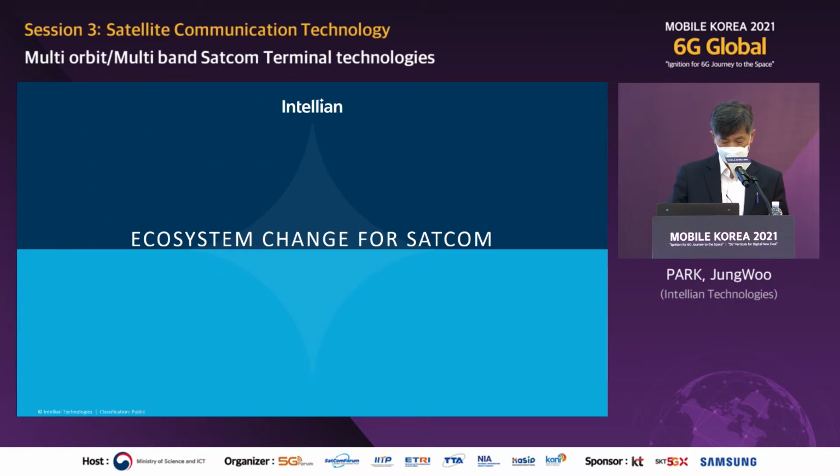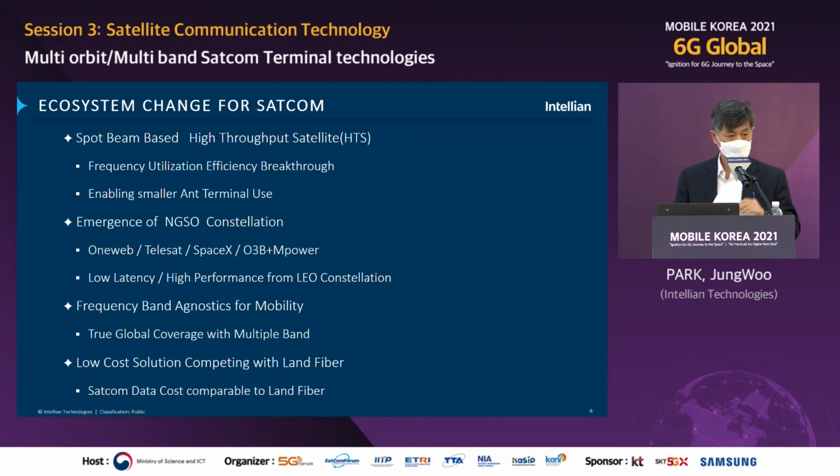Ecosystem change for the Satcom. In order to understand what's going on in the Satcom industry, we need to see the ecosystem change recently happening in the satellite industry, as in the list here. First, multi-beam based HTS is taking over the conventional satellite system.